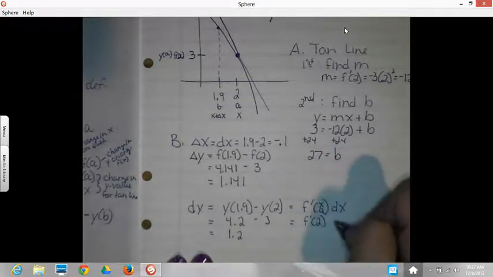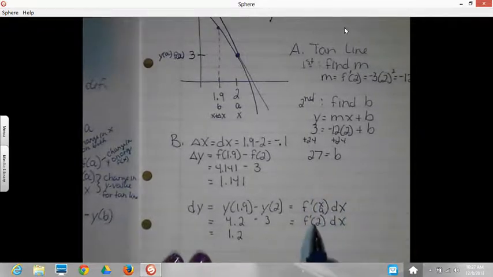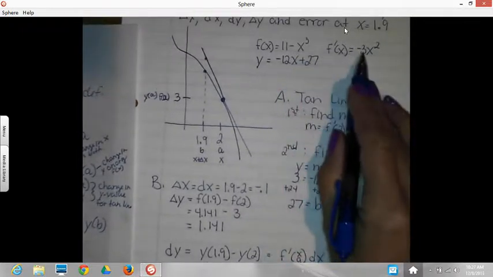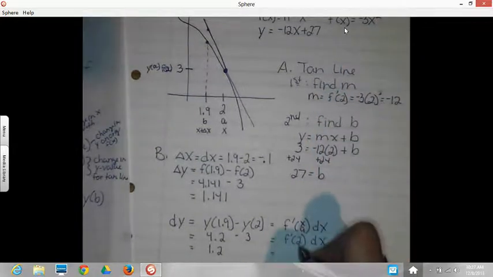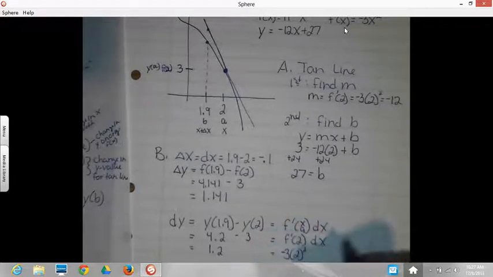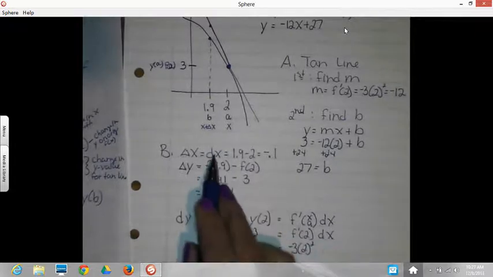and dx, well, f prime of 2 just requires me to go back to the derivative equation. The derivative equation we found, remember I told you write all of them down, negative 3x squared. So I'll plug 2 into that, negative 3 times 2 squared, and the dx, we found that the very first part here. Dx is a negative 0.1.